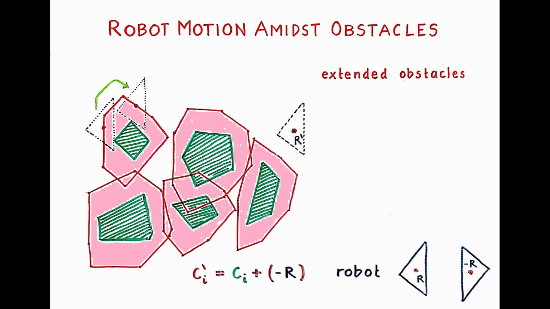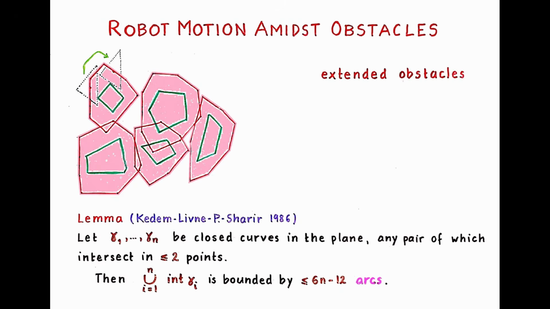Any two red boundary curves intersect in at most 2 points. It's very easy to prove by hand. And then we prove this lemma, for which unfortunately still there is no really simple proof, that if you have a number of closed curves, so-called pseudo-circles, so that any two of them intersect in at most 2 points, then the union of the interiors is bounded by at most 6n minus 12 arcs.